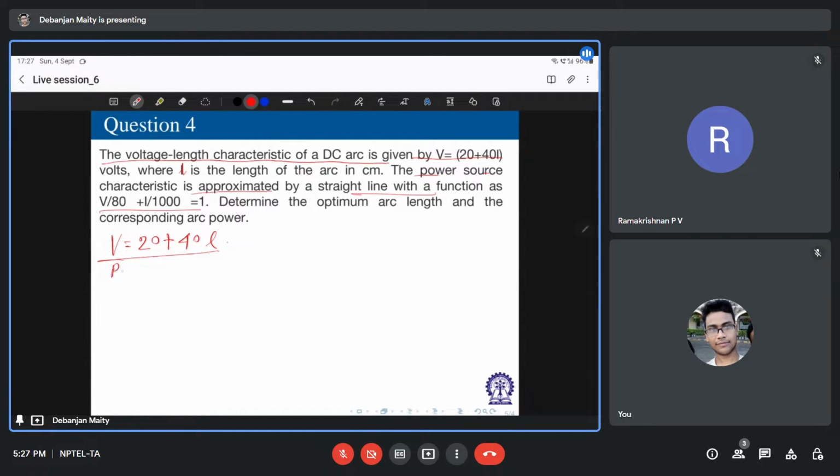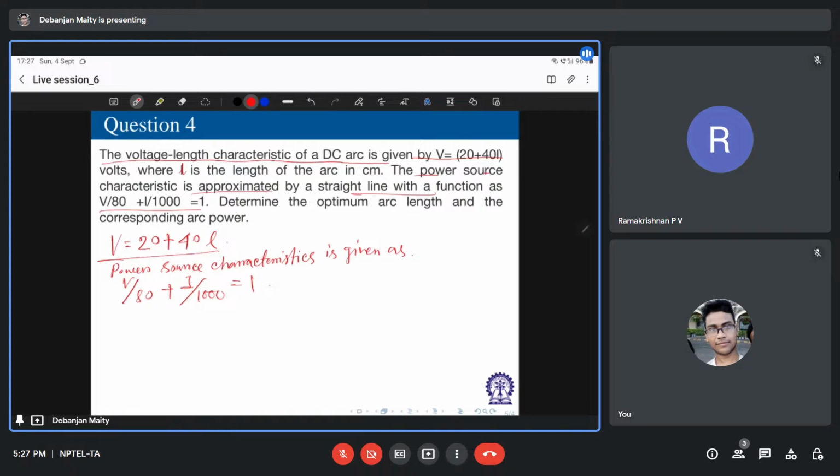So your power source characteristic is given as this, which gives you a relationship between voltage and current.